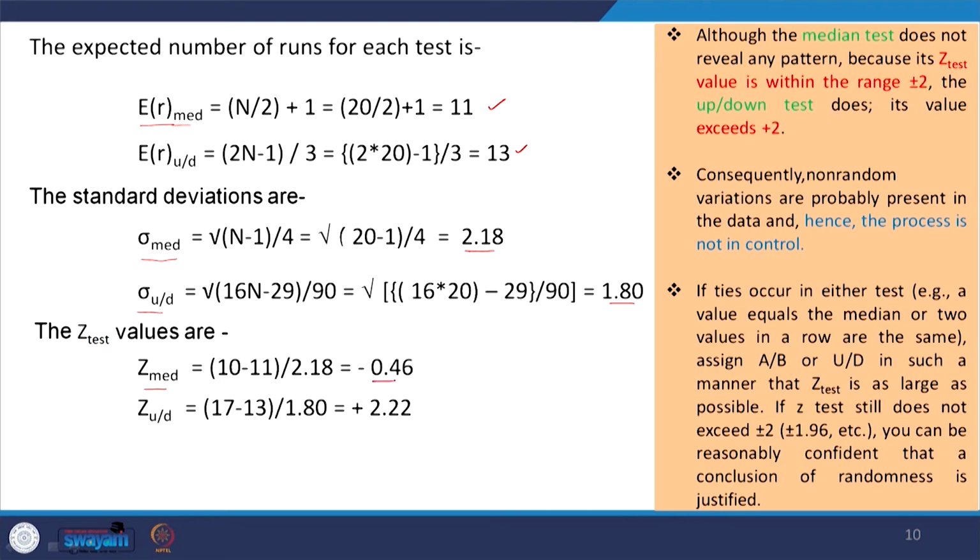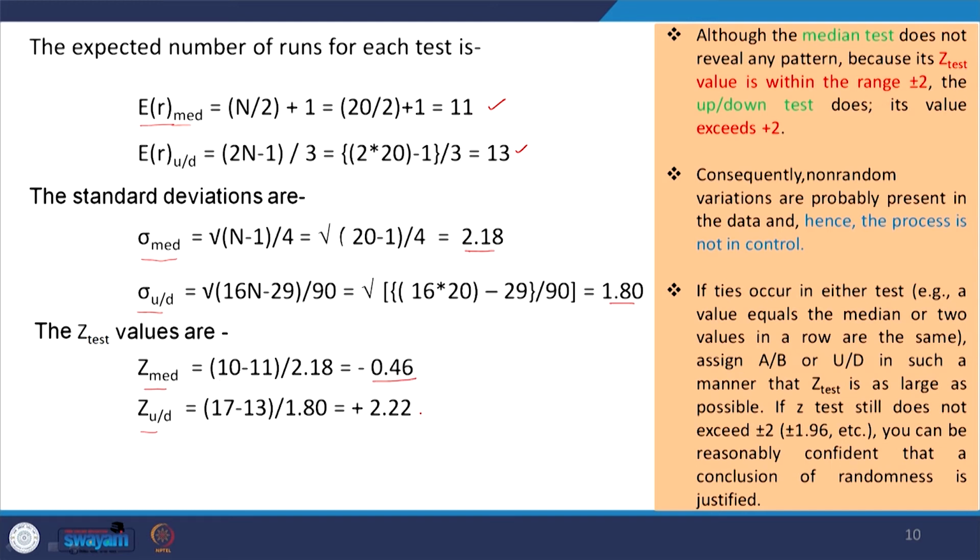So, it is coming minus 0.46, and for up and down the 17 is the observed value, 13 is the expected value divided by standard deviation 1.80. So, it is coming plus 2.22.